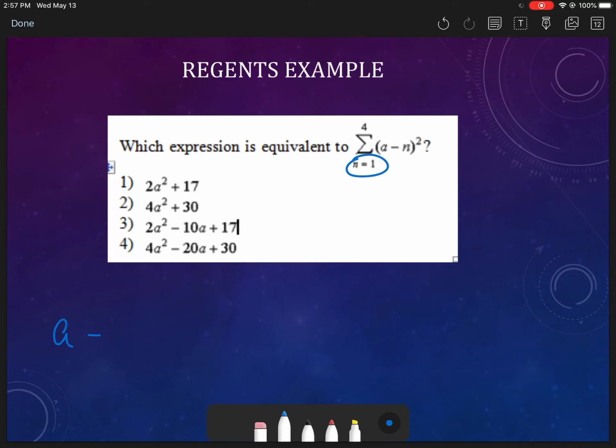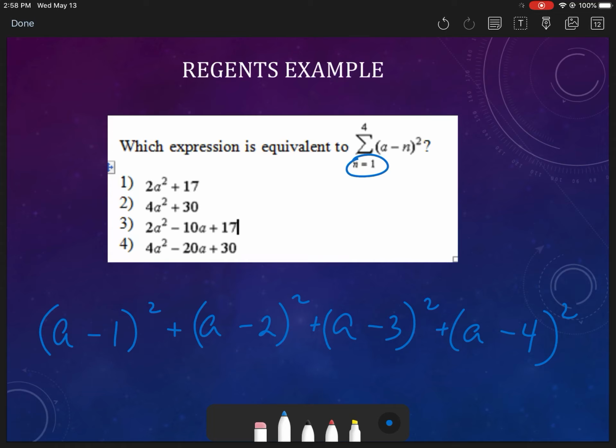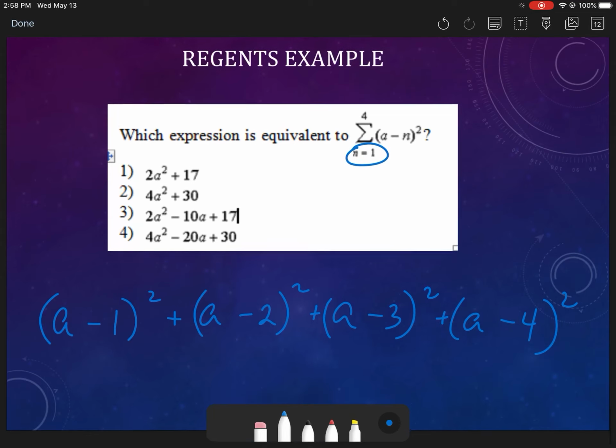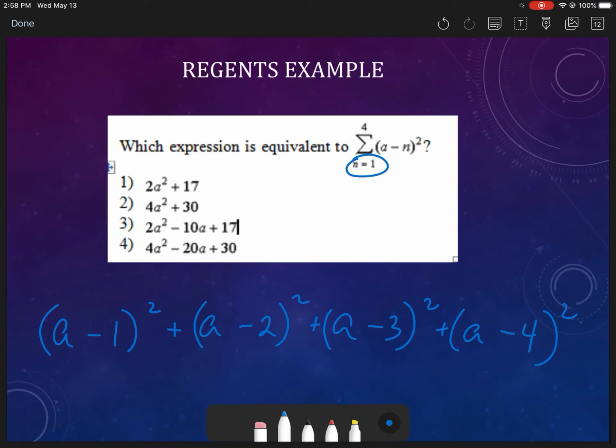So a minus 1 squared, plus a minus 2 squared, plus a minus 3 squared, plus a minus 4 squared. Okay, so taking a look at that, you would have to work each of these out first.